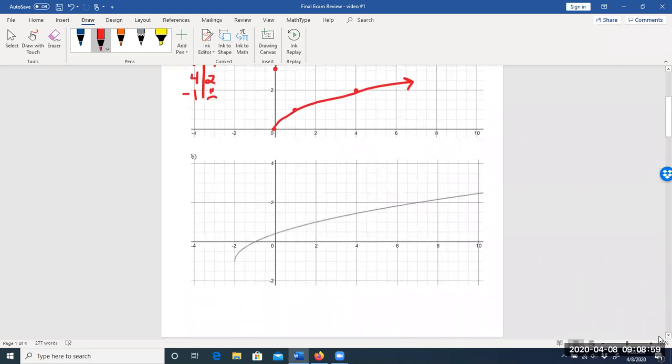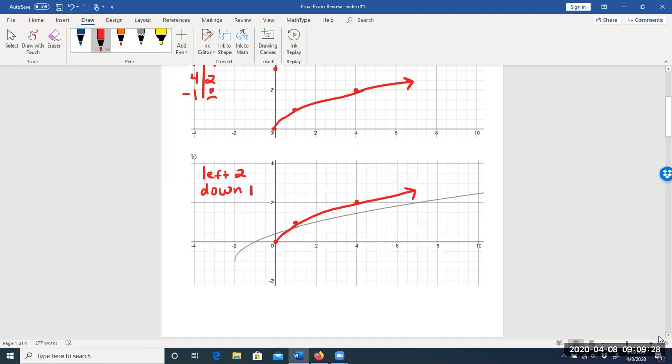Okay, part B, we are using the same parent function. So 0, 0, 1, 1, 4, 2. And this time it looks like we've gone left 2 and down 1.